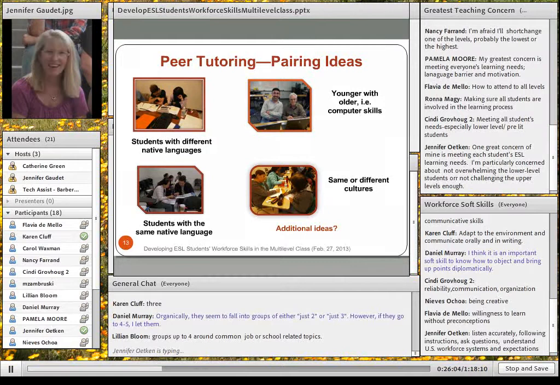However, if they go to 4 or 5, you let them. Okay. Good. So Lillian groups sometimes around common job or school-related topics, up to 4. It really does depend on your time, your space, the number of students.